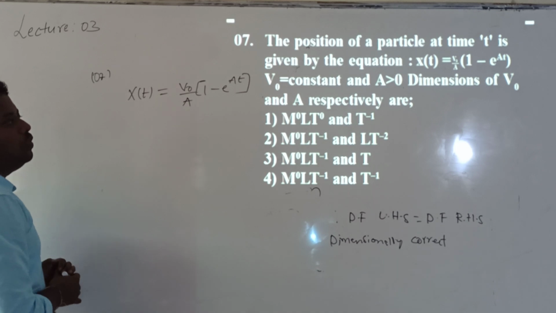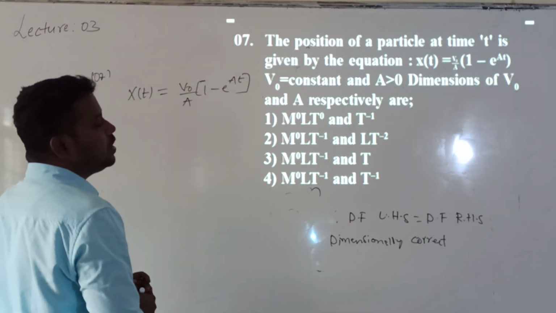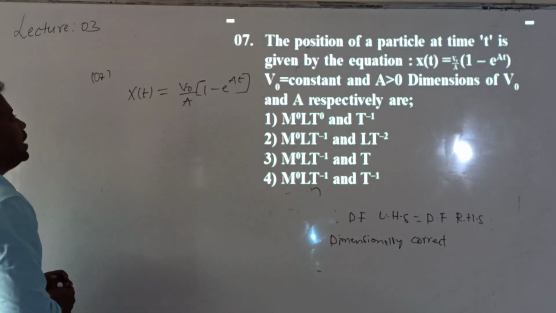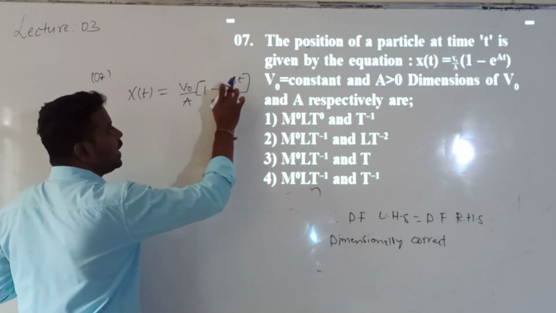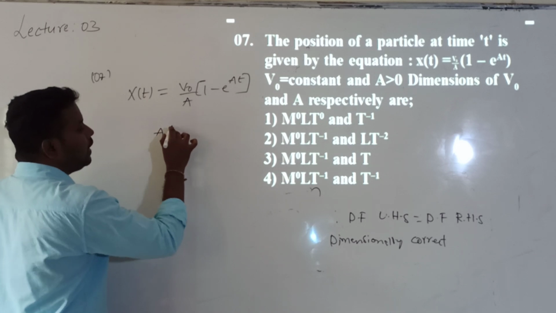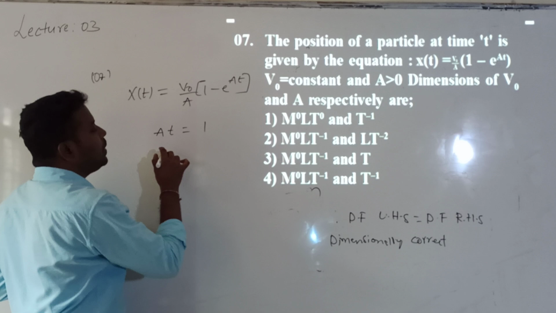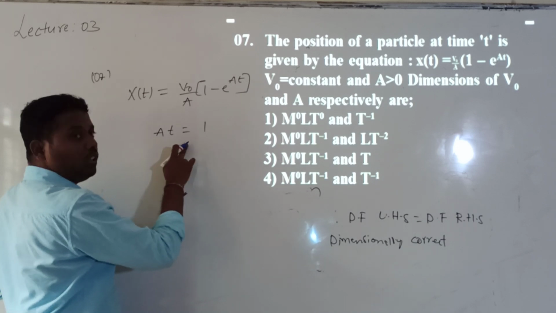They say v naught is a constant, a value greater than 1. So what is the dimensional formula of v naught and a respectively? Remember, an exponential function came. Whenever an exponential function comes, you write a into t equal to 1. When a into t is equal to 1, what happens? a is equal to 1 by t.